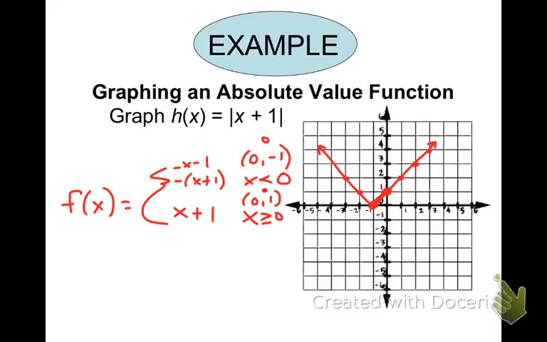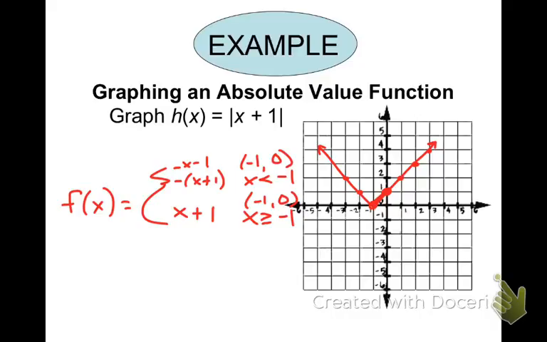So these zeros should have been -1s. That's where my error occurred. So if we make those -1s, that would change my points. That's where my problem was. So this would be -1, 0, and then this would be -1, 0, which would get us the same.